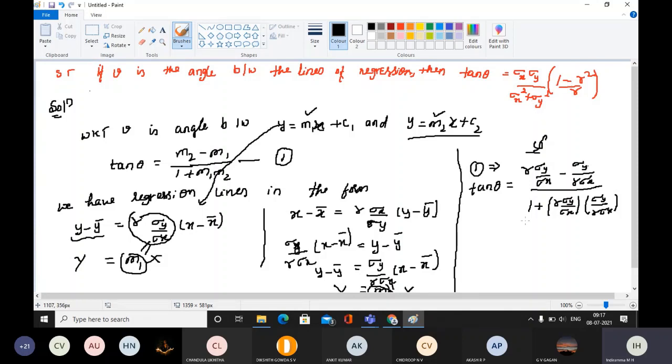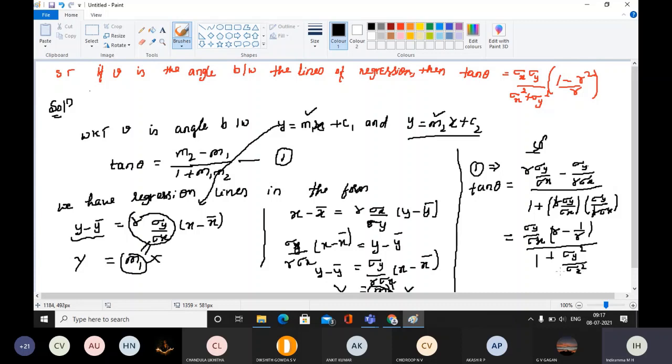So in the numerator, we can take the common sigma y by sigma x, and we are left with r minus 1 by r. In the denominator, r and r cancel, leaving 1 plus sigma y square divided by sigma x square.